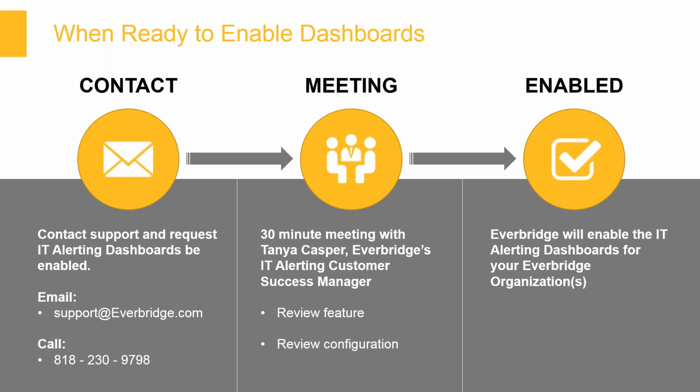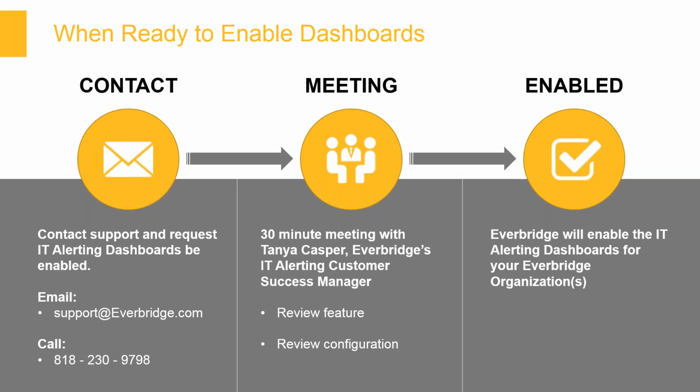Simply contact support and let them know which organizations you'd like to have it enabled, and you really just need to say, I'd like to have the new ITA dashboards enabled. They will pass that information across to Tanya Casper, who is our Customer Success Manager, and she will reach out to schedule a quick 30-minute conversation with you just to do a quick walkthrough of the features as well as what you need to do to set it up, and then talk about how you might want it set up in your environment if it matches the processes that Prashant was reviewing, like service ops and DevOps, or if you have some other questions about how it might work better in your particular use case.